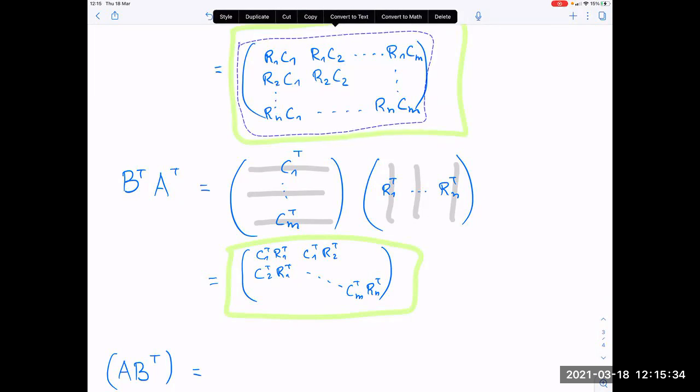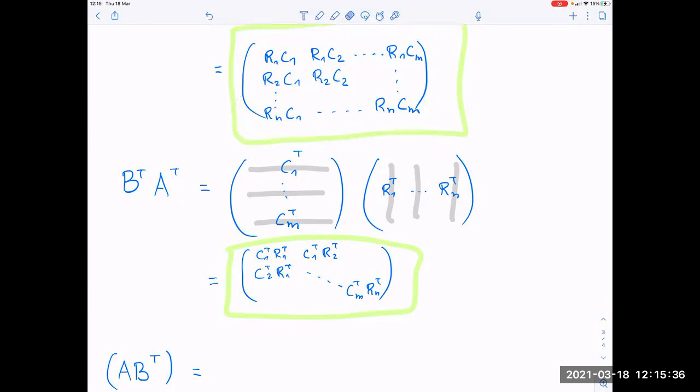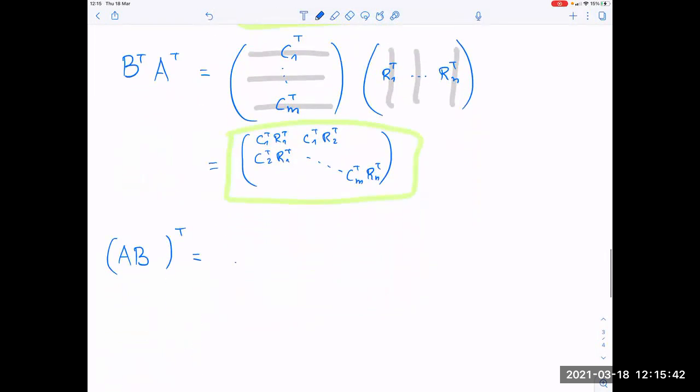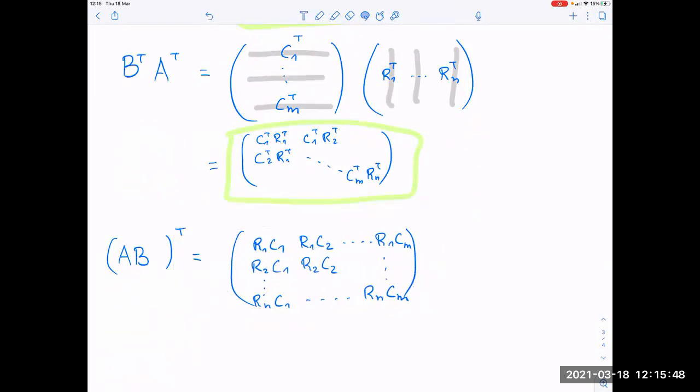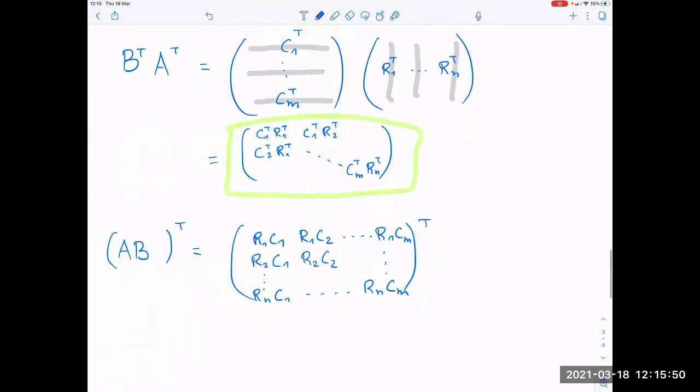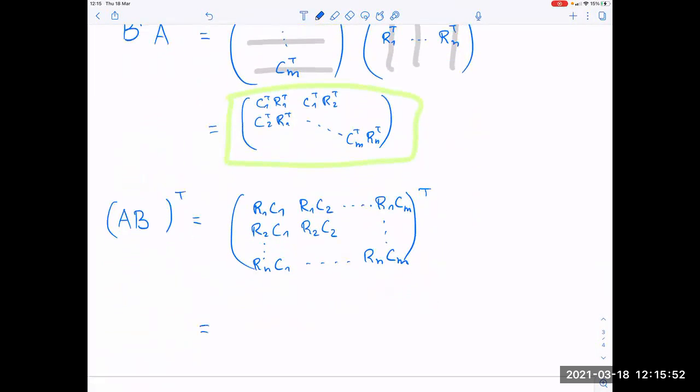And by the way, this transpose is outside, of course. So now I want to compute the transpose of this matrix here, which I do by exchanging elements in symmetric places. So for example, this element here goes in this place.